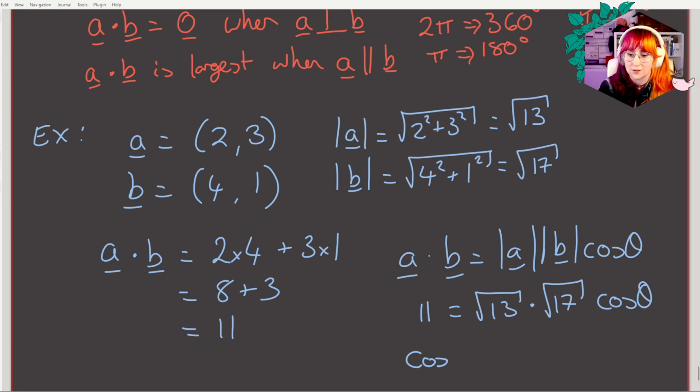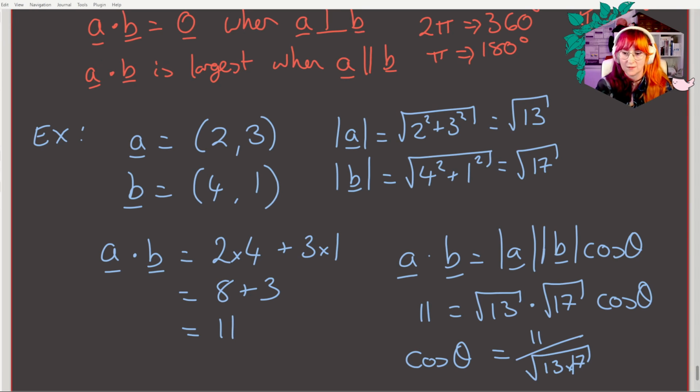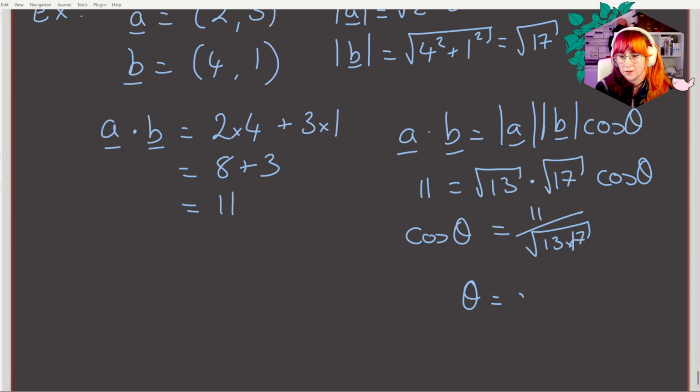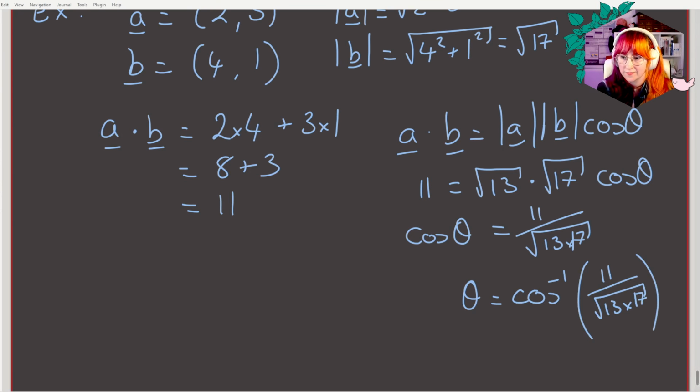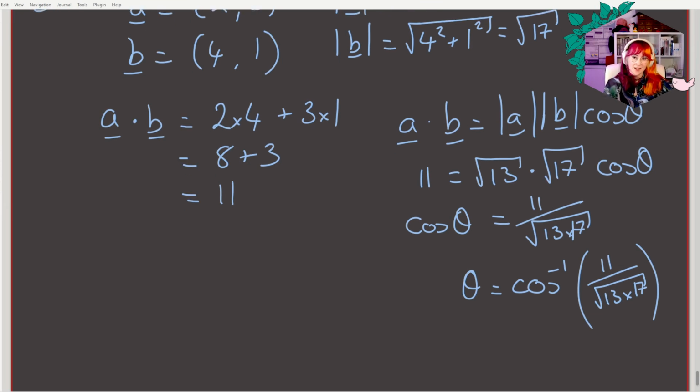So cos theta is 11 over root 13 times root 17. Then arc cos, or cos to the minus 1, and you can work it out that way. There is another way that you can work out the angle between the vectors, but I have completely forgotten it.